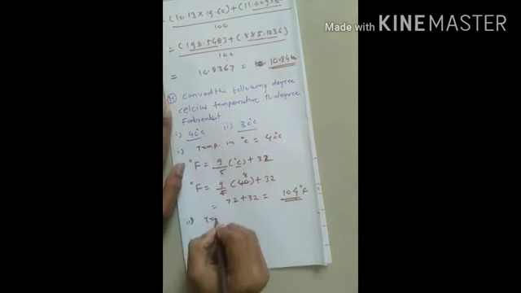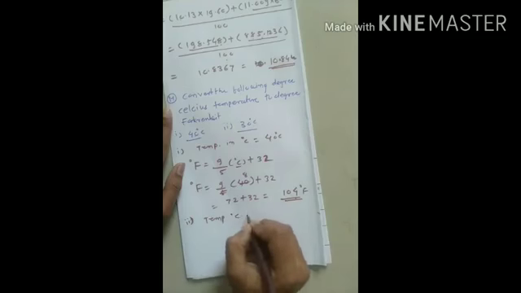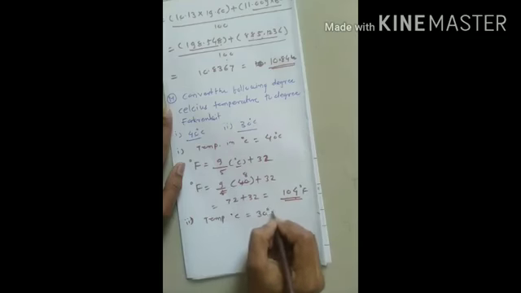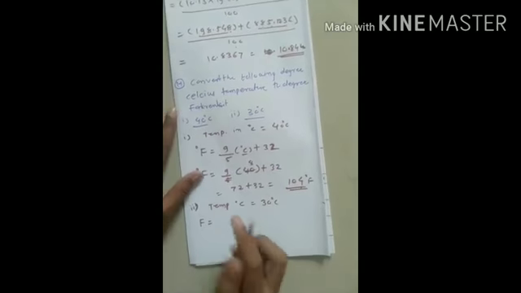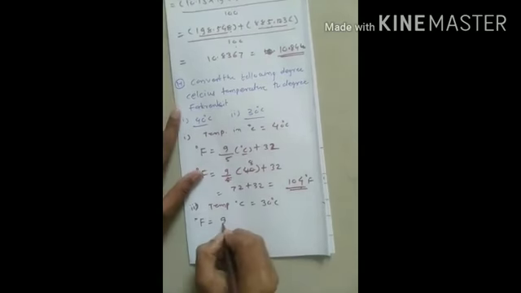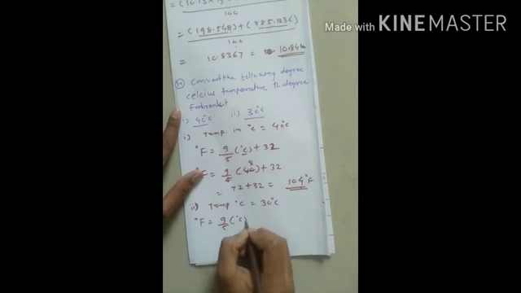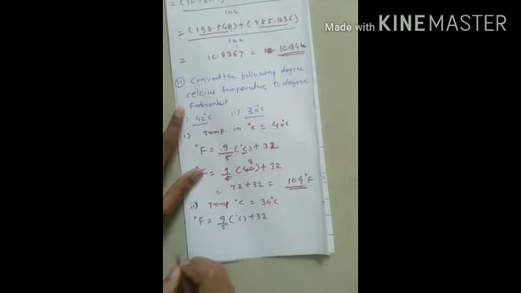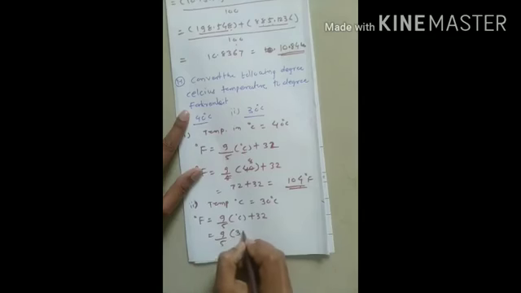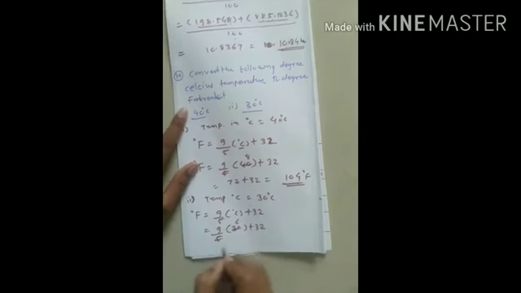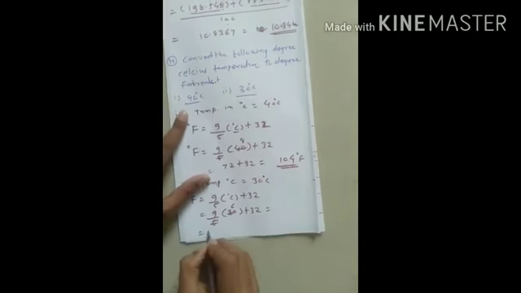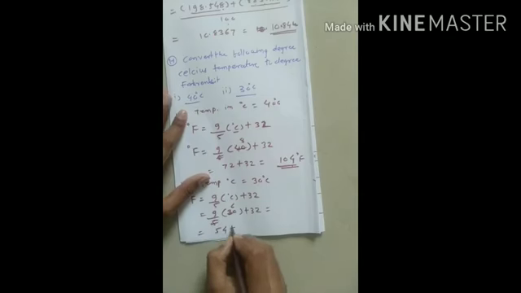In the second question, the temperature in degree centigrade is given as 30 degree centigrade. Again I am using the same formula: degree Fahrenheit equals 9/5 into degree centigrade plus 32. Put the value as 30 degree centigrade plus 32. 5 sixes are 30, so it becomes 9 sixes are 54, plus 32.